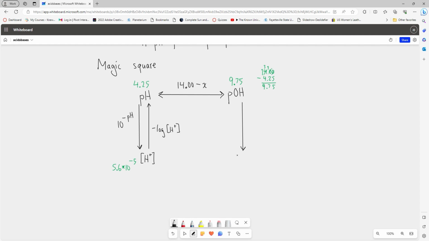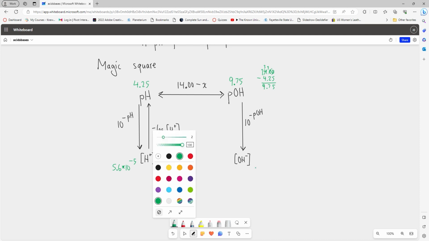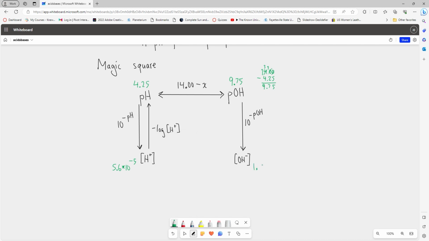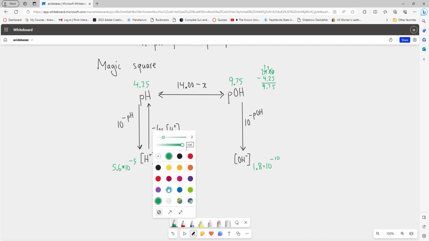The concentration of OH minus is 10 to the minus pOH. And so if the pOH is 9.75, 10 to the minus 9.75 is 1.8 times 10 to the minus 10th.